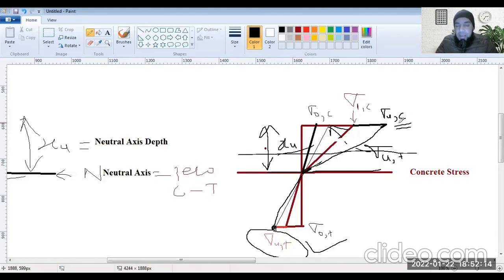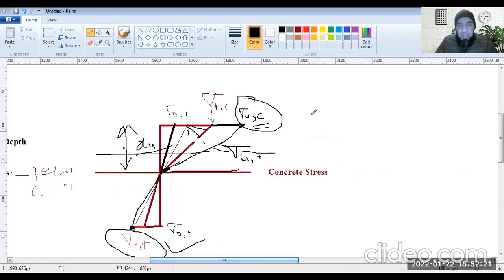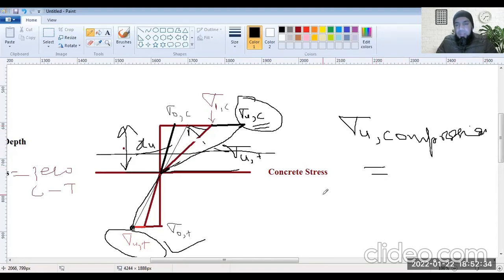Now, what is the ultimate stress for concrete in compression? Did we discuss this? Ultimate stress कितना होता है in compression for concrete? हाँ जी, we have already discussed this. What do we take as the ultimate stress in compression?